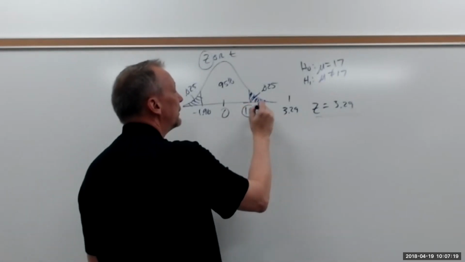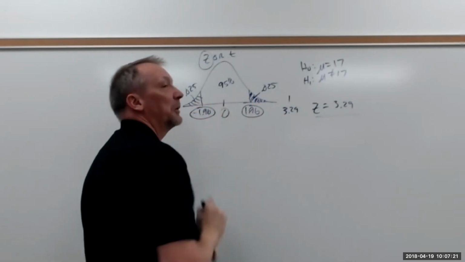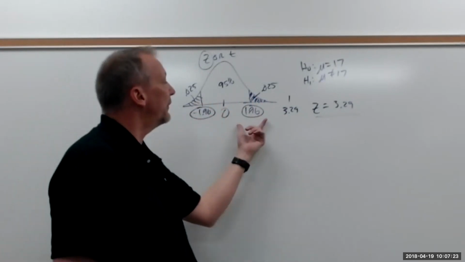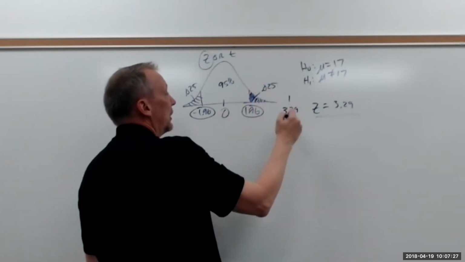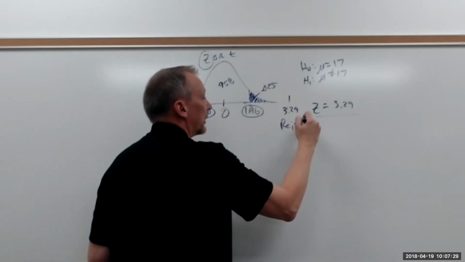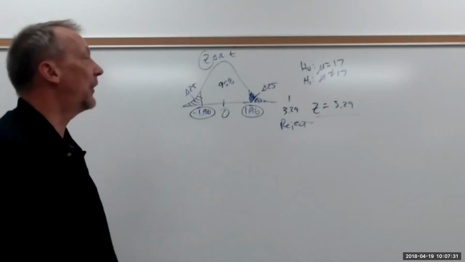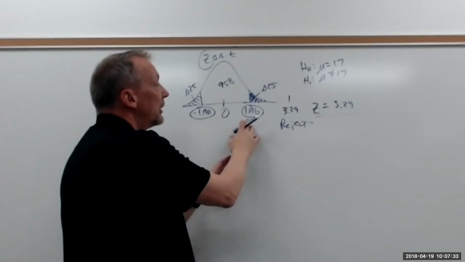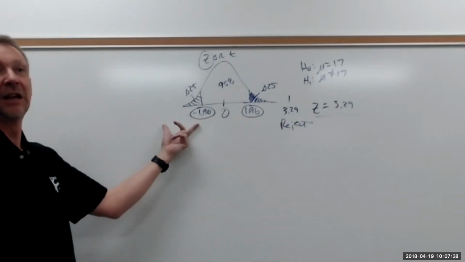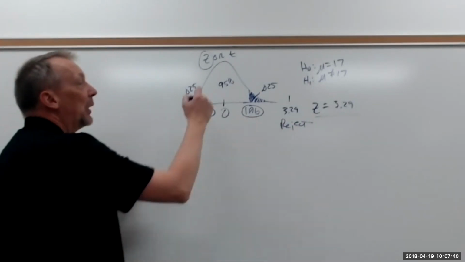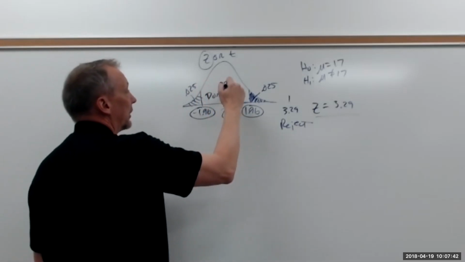In this case, my critical values are plus or minus 1.96. If I get a value such as 3.29 in the shaded region, then I'm going to reject. If I get a value anywhere greater than 1.96 or less than negative 1.96, I am in my rejection region. The white area is do not reject.